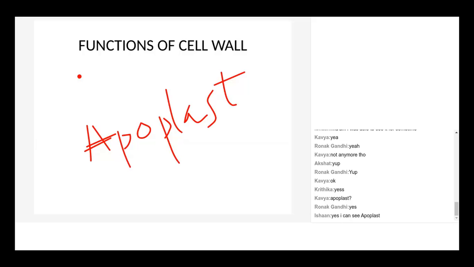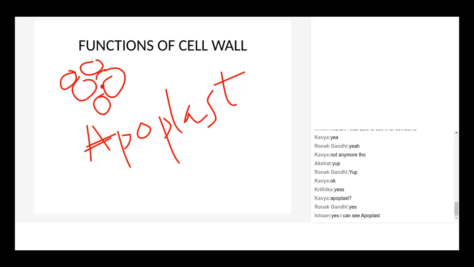Okay. Now coming to the most important point regarding cell wall, which is apoplast. What does it mean by apoplast? This is the point of interest over here. Suppose you take a cell like this, beside the cell you will have another cell, another cell. Like this you will have various cells, isn't it?